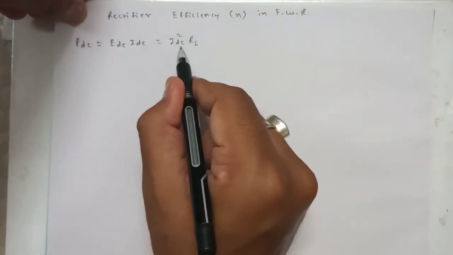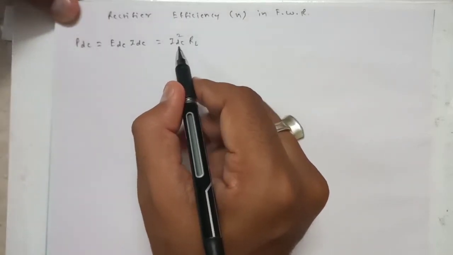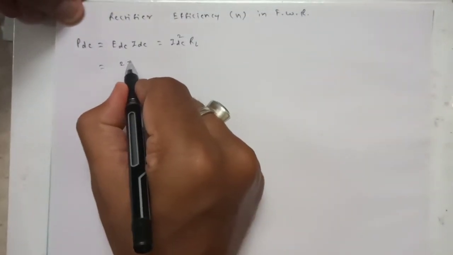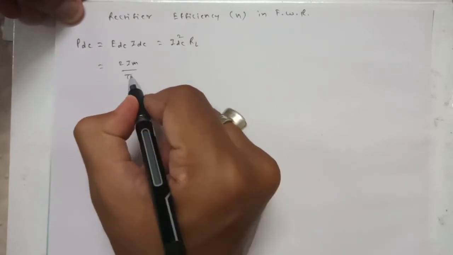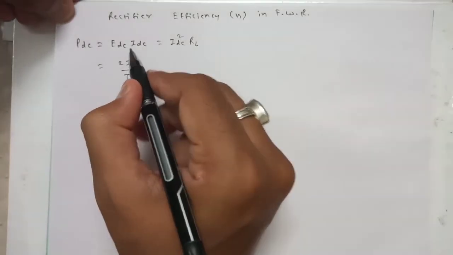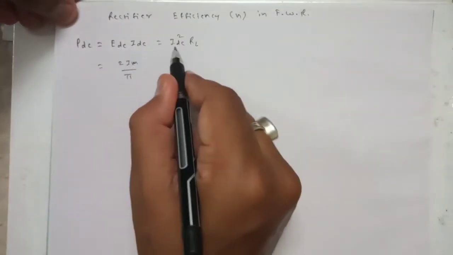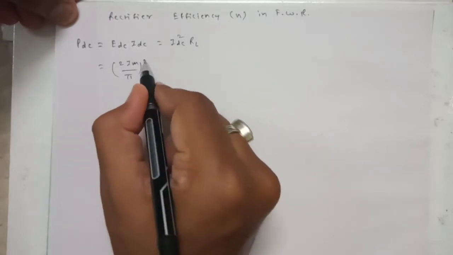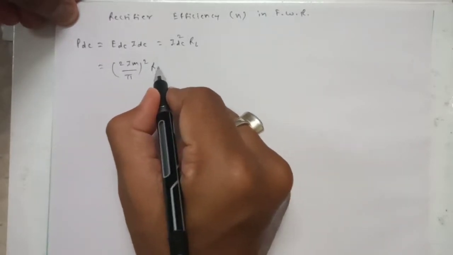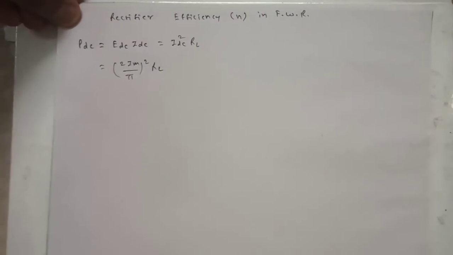Now the equation for IDC: we know in the case of the full wave rectifier, the value of IDC is given by twice Im by pi. This we already derived in the previous session. Now it is squared, and that's why this term is squared multiplied by the resistor RL.